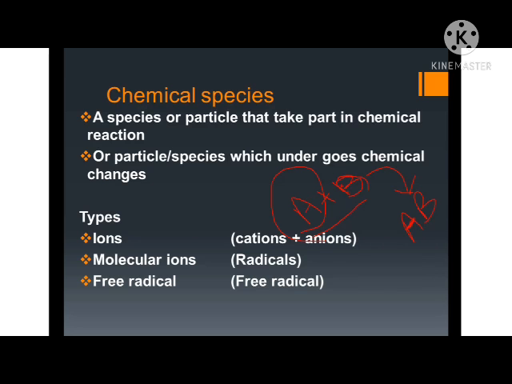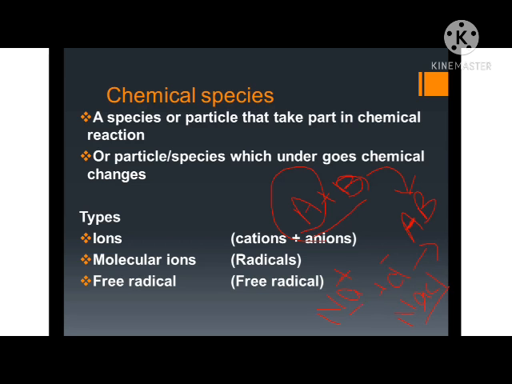Sometimes we say that this A is an ion or this B is an ion. For example, if we consider sodium positive and chlorine negative, and they undergo chemical changes and make sodium chloride, then this is also an ion, and this is also an ion. One ion combines with another ion and makes sodium chloride.